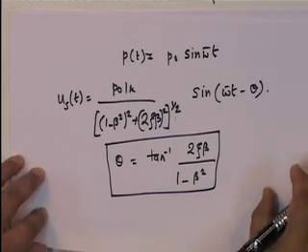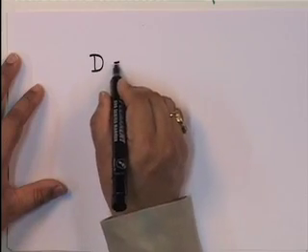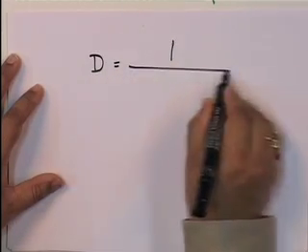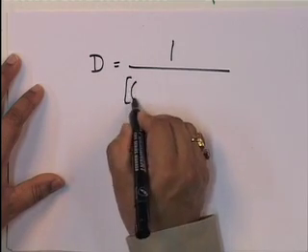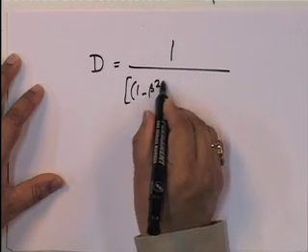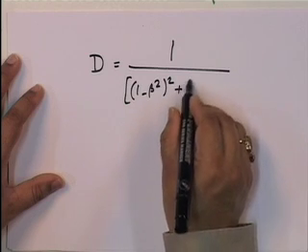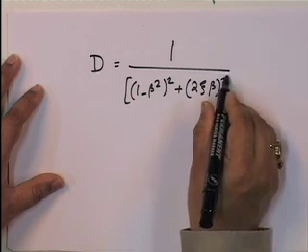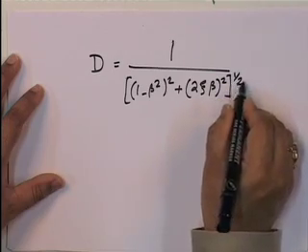So, I can now say that, look, I will define a term d, which I will take as 1 upon the square root of (1 minus beta squared) the whole squared plus (2 zeta beta) squared.